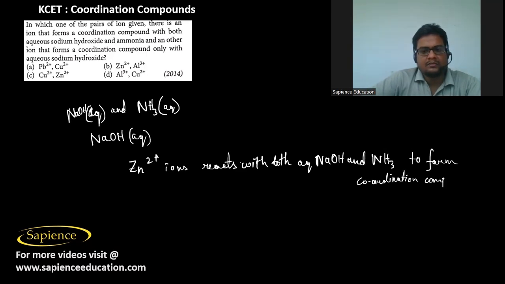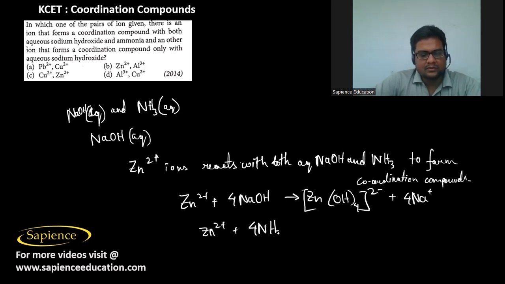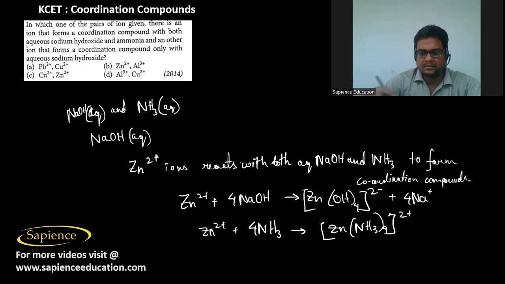Zn2+ will react with 4 NaOH to form [Zn(OH)4]2- ion plus 4 Na+ ion. And zinc ion can react with NH3 also to form [Zn(NH3)4]2+ ion.